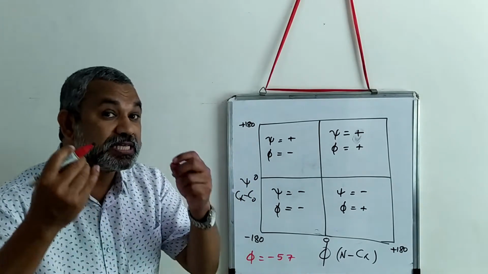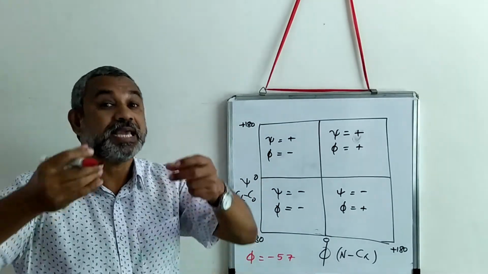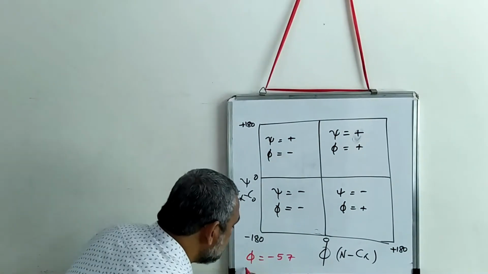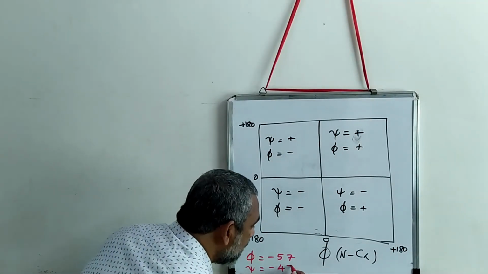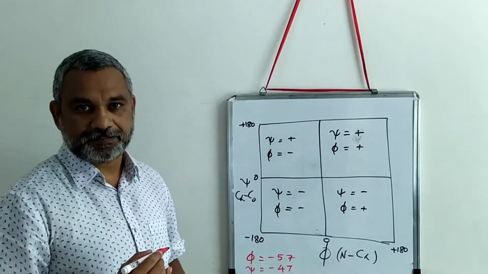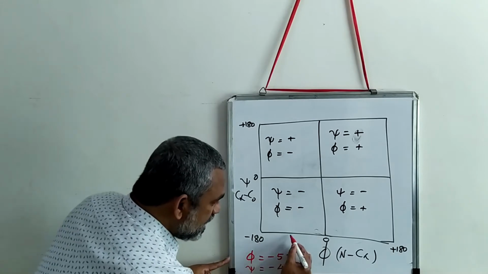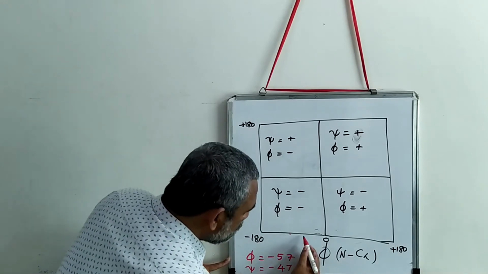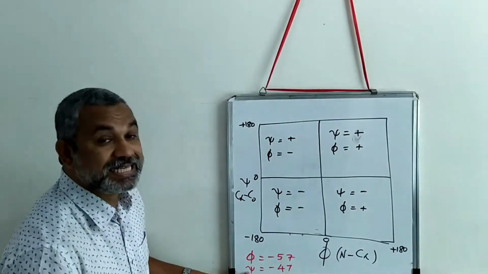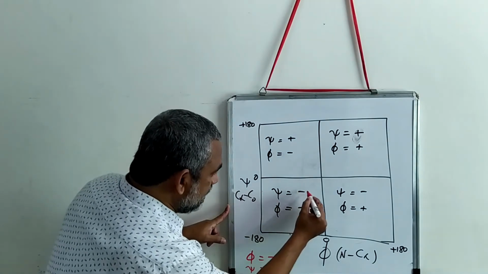You should understand the meaning of minus 57, how it is rotating so that it can rotate till minus 57. And if the psi is, let us assume, minus 47, where do we represent this data? This is 180, this is 90, so somewhere here is 57, and 47 can be assumed to be here.